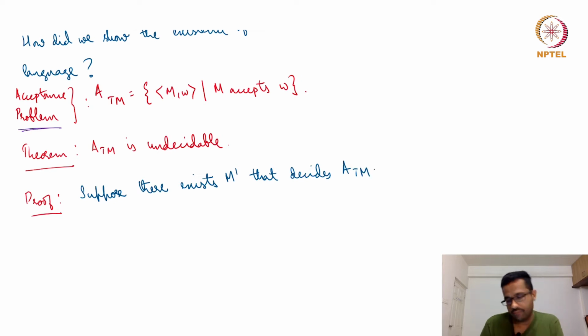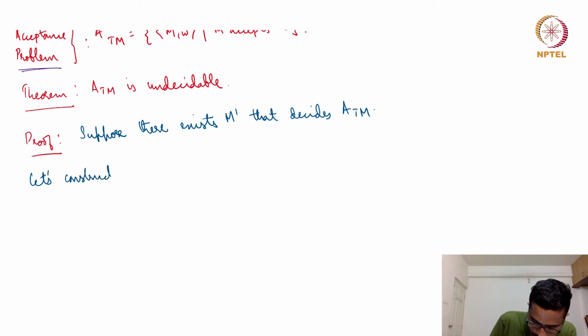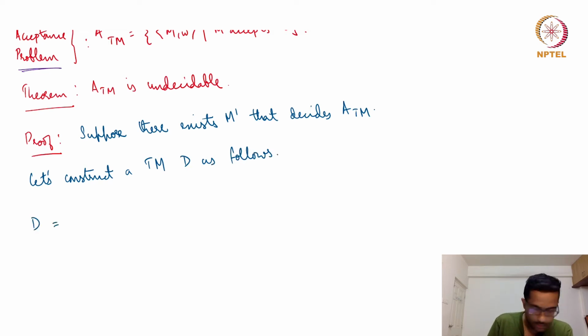Suppose, let's say it is decidable, which means it has to have a decider, and we call it M prime. Now let's construct a Turing machine D as follows. So using M prime, we will construct a Turing machine D, and what does D do?